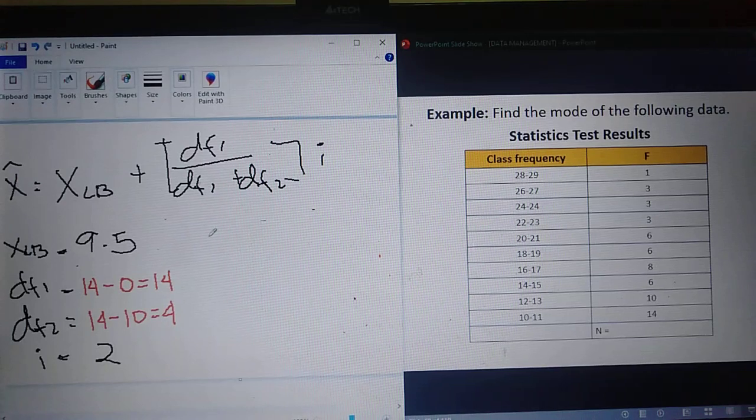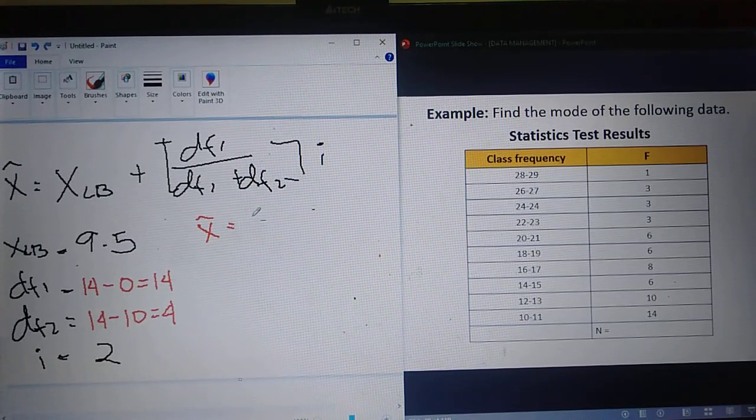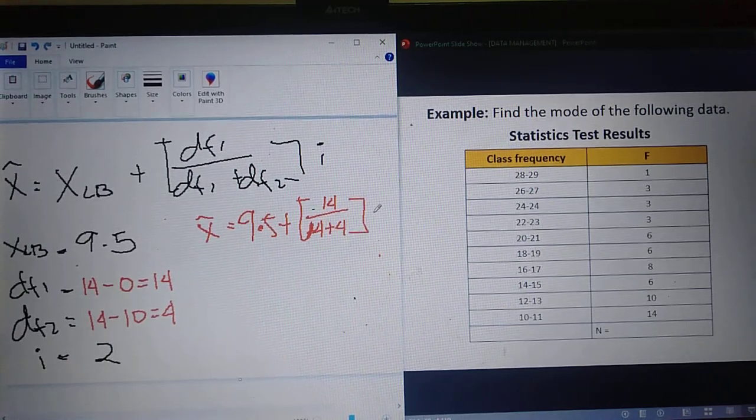So, XLB. Our XLB is 9.5 plus our df1 is 14 over df1 plus df2, which is 14 plus 4, multiplied by i, which is 2.